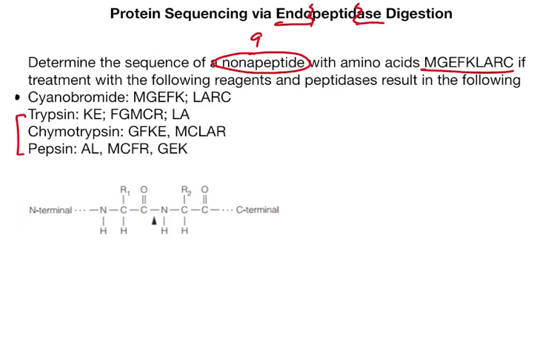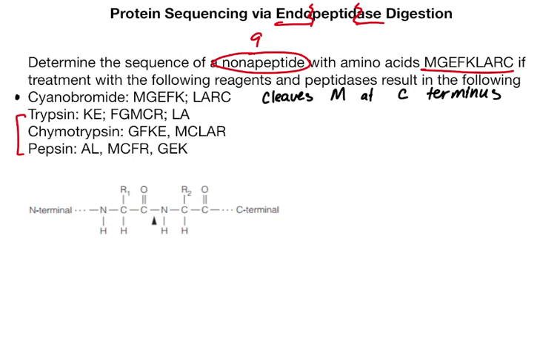As you can see over here, we have the N terminus, or the N terminal, and the C terminus, or the C terminal. Now, what cyanogen bromide actually does is it cleaves methionine, M, that's its specificity, at the C terminus. What would that imply?